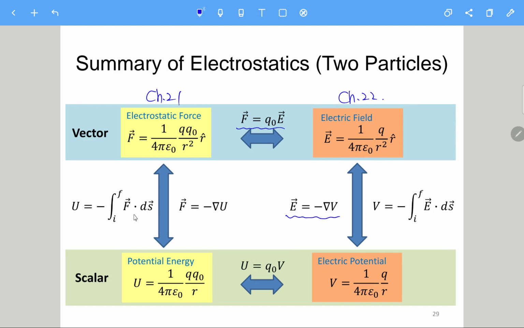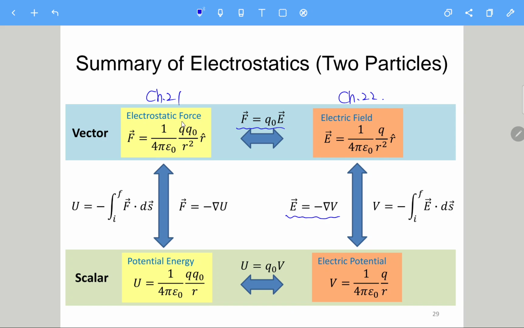So this is actually a line integral. If the path is not a straight line, then you need a line integral. Similarly, if you go from here to here, you use the line integral. So here is F, U. Here is E and V.